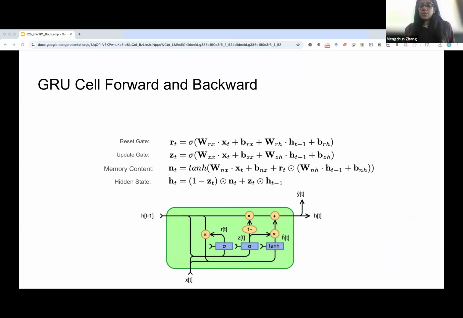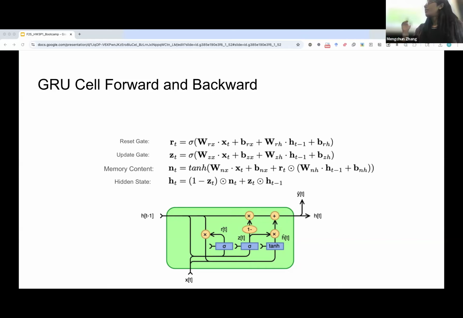Then let's talk about GRUs. So you will implement GRUs as well for homework 3. In standard RNNs, as we just saw in the equation, the long product of matrices causes long-term gradients to vanish or explode. One of the earliest methods proposed to solve this issue was LSTMs, that is long short-term memory networks.